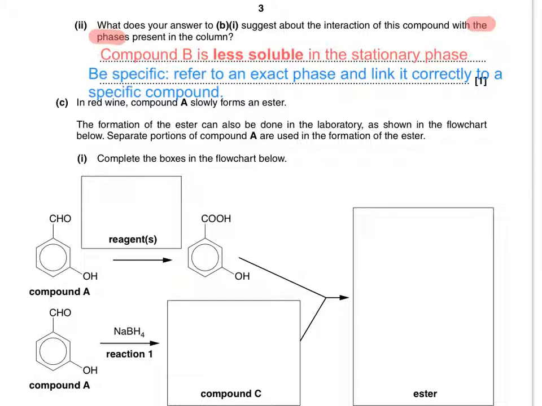So don't forget that they told you earlier in the question which compound emerges first. That's going to be the compound that is more soluble in the mobile phase. And it said, I believe, I'll have a quick look, yeah, the mass spectrum of the first compound to emerge was shown and you deduced that it was compound B. So that leads into this particular question.